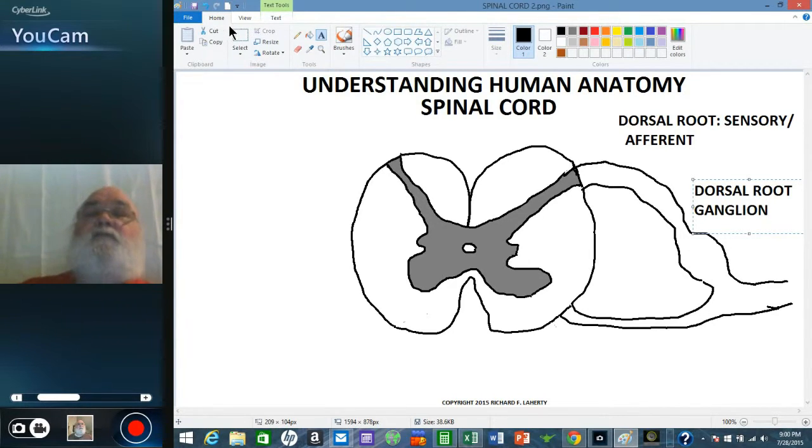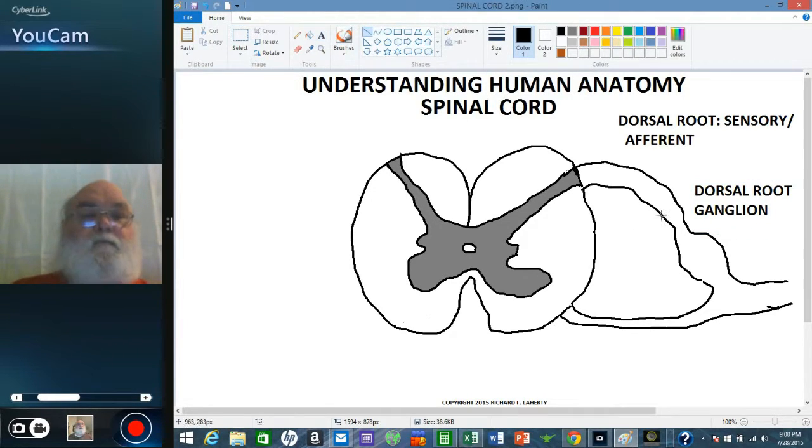It actually is an area where the nerve cell bodies of the primary sensory neurons are located. So this is the dorsal root ganglion, and this is the dorsal root.